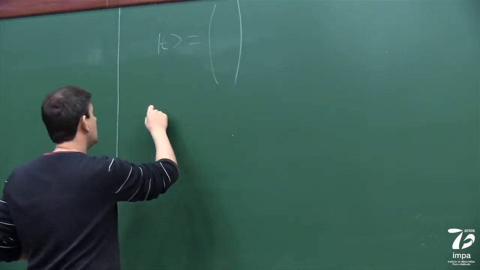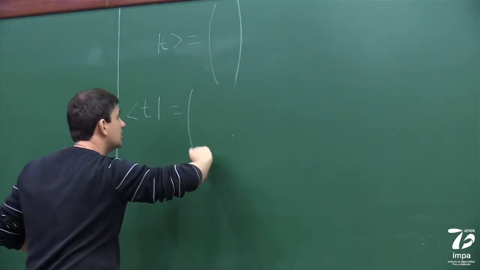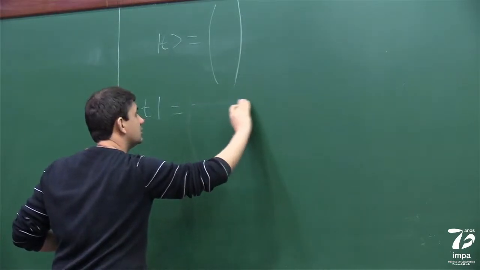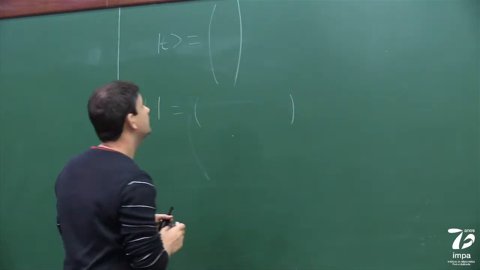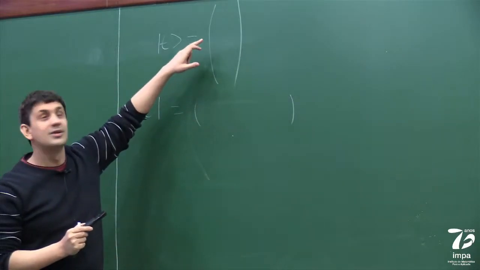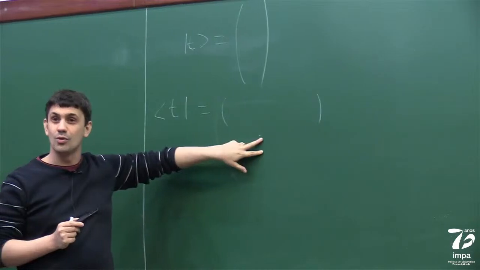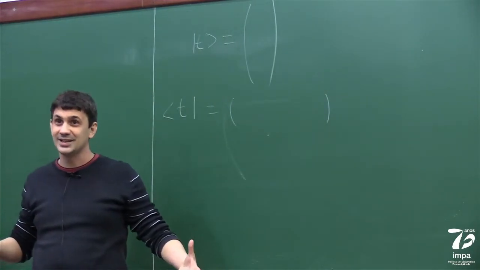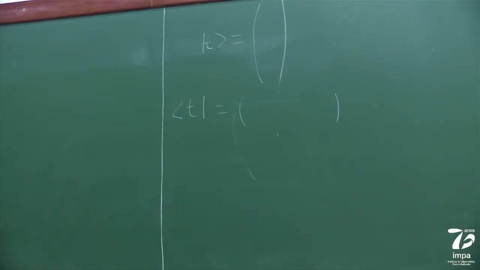What is the bra? It is a row. And if I multiply a column by a row, this is a matrix. Technically it is, but it doesn't matter.